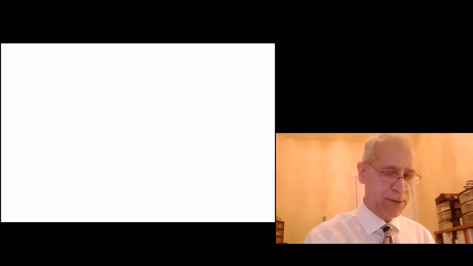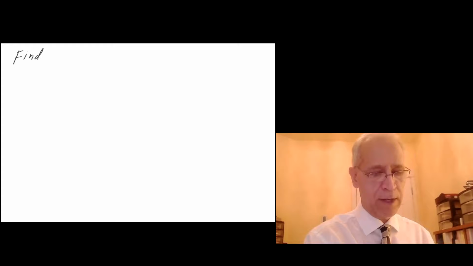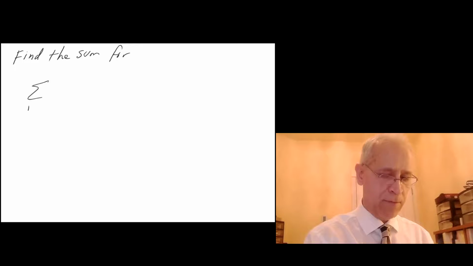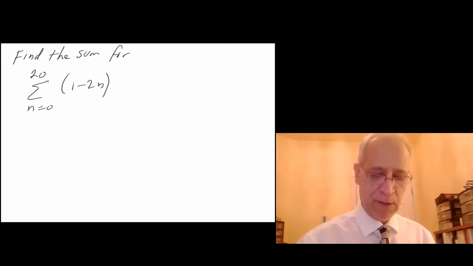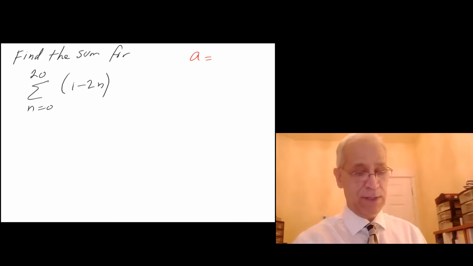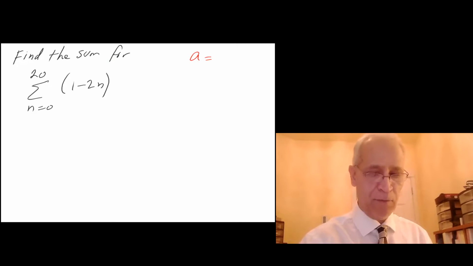Let me go to the next page. Suppose we want to find the sum from n equals 0 to 20 of 1 minus 2n. My first term is when n equals 0. 2 times 0 is 0, so I have 1.